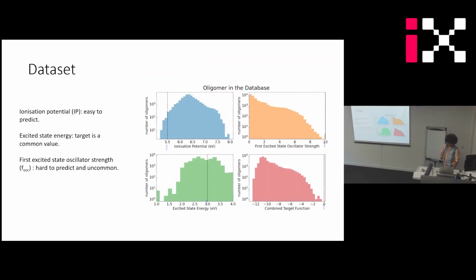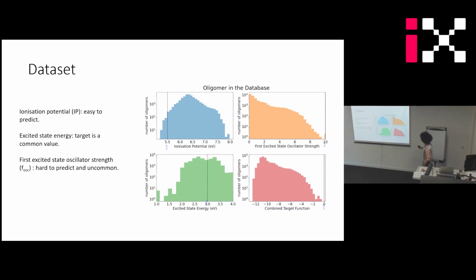Might need to go quickly. This is just me showing the datasets and the different properties that we're going to be talking about. I might just focus quickly on these two here. We're trying to maximize for the target value for the ionization potential, or IP, around 5.5, and there are quite a lot of molecules already in our dataset that are quite close.